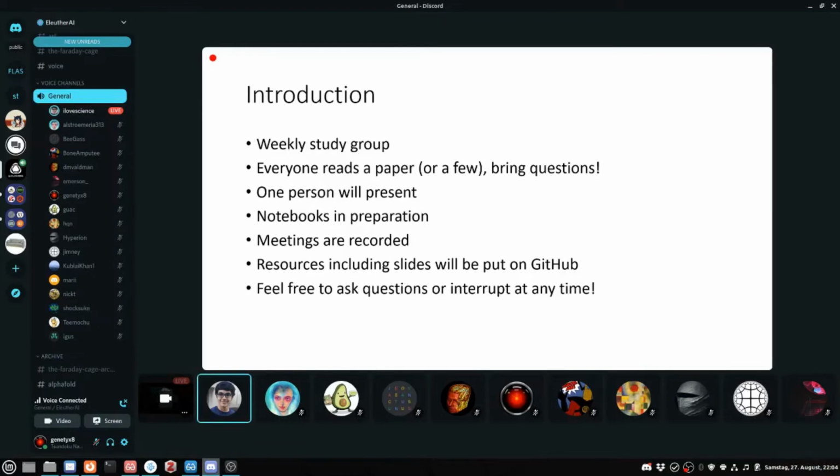We'll see. Ideally one person would present the paper. I'm presenting this week, and we'll see about the following weeks. I'll try to prepare a Colab notebook or something, because having the code is also really helpful to see it from that perspective.